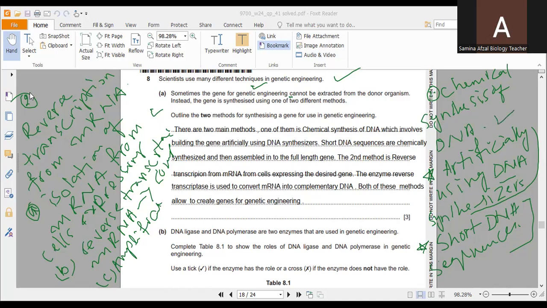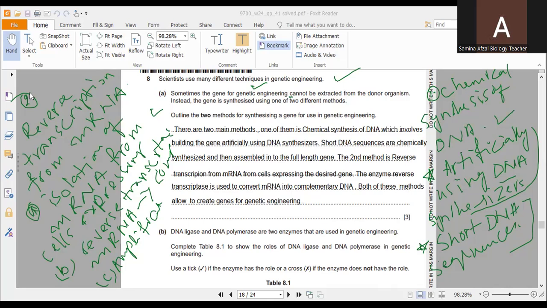Short DNA sequences are chemically synthesized and then assembled into a full-length gene. The second method is reverse transcription. Transcription and translation are the natural methods used to synthesize protein. Here there will be reverse transcription.